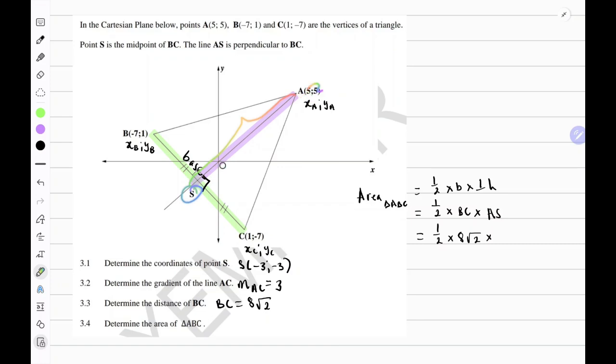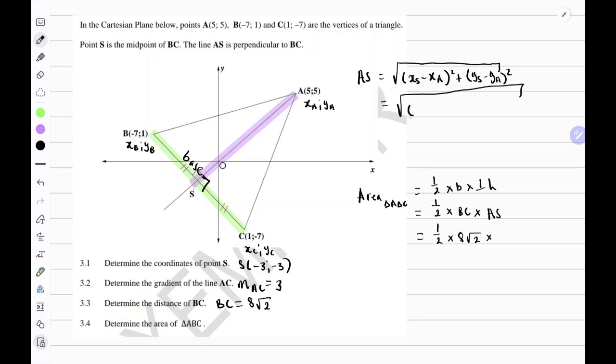We've got the coordinates of S and the coordinates of A, so we can apply the distance formula once again. AS is equal to the square root of XS minus XA squared plus YS minus YA squared. XS is minus 3 minus XA is 5, squared, plus YS is minus 3 minus 5, squared.